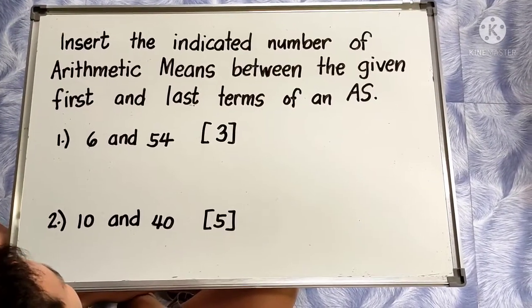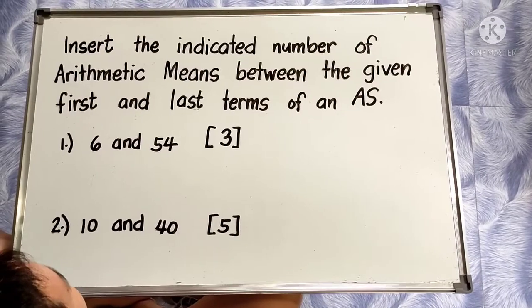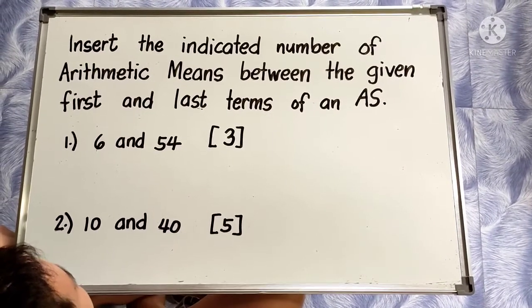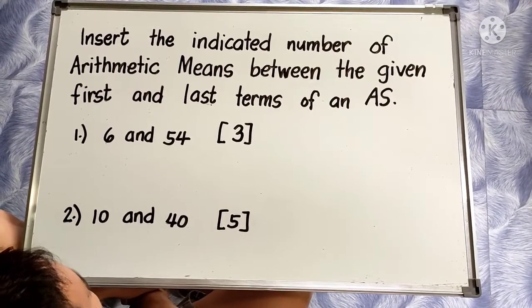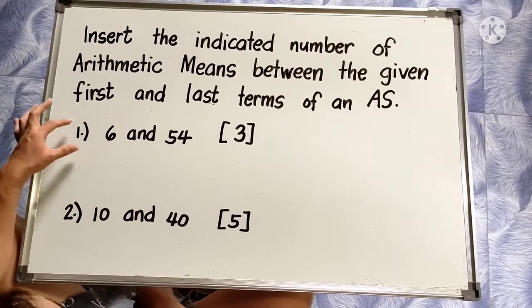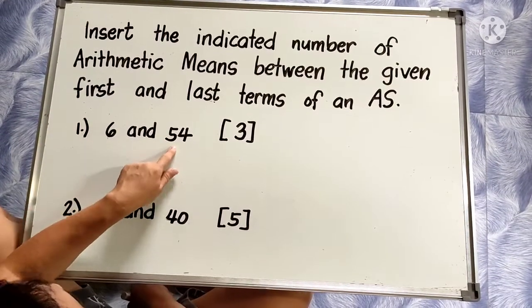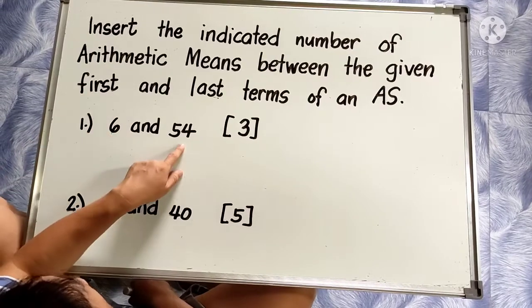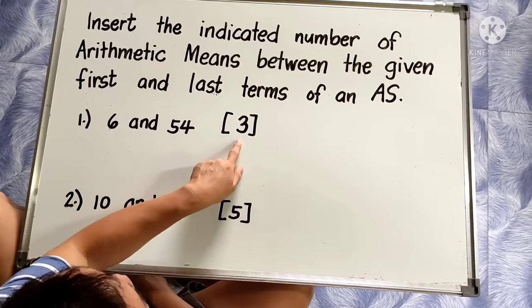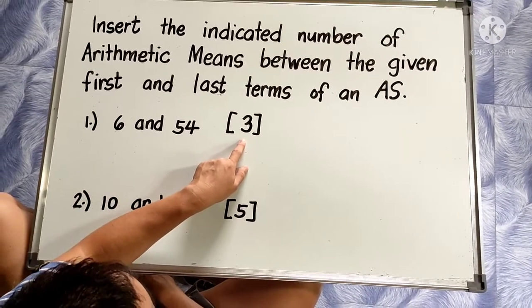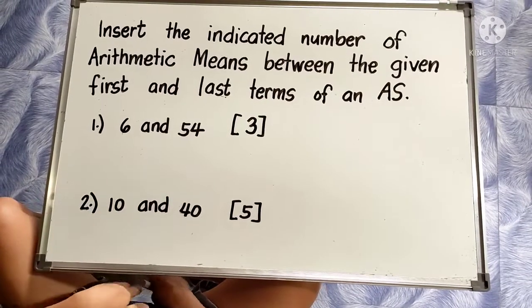Now let's have this task. Insert the indicated number of arithmetic means between the given first and last terms of an arithmetic sequence. Let's start with number 1, 6 and 54. So 6 is the first term, 54 is the last term, and we need to insert 3 arithmetic means.